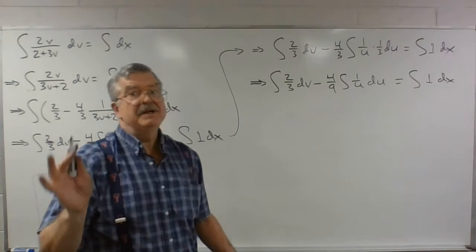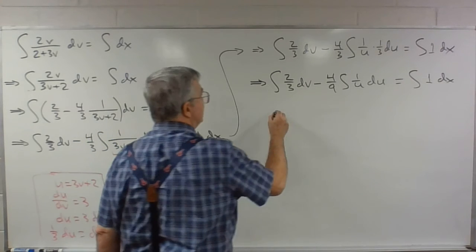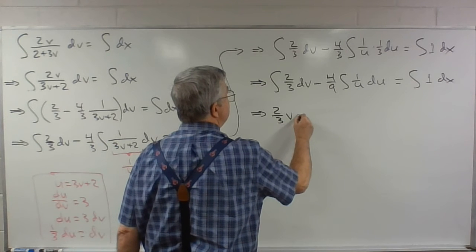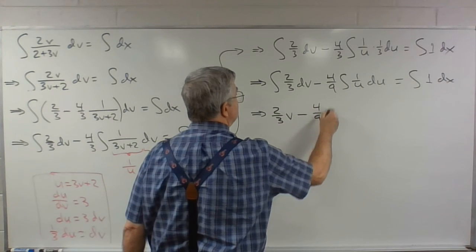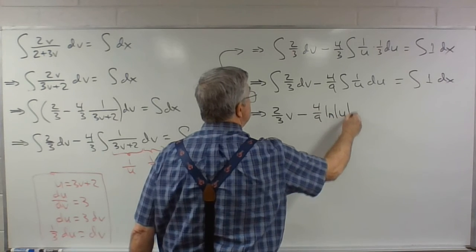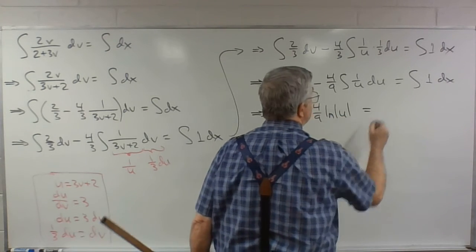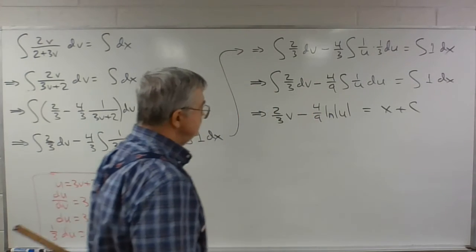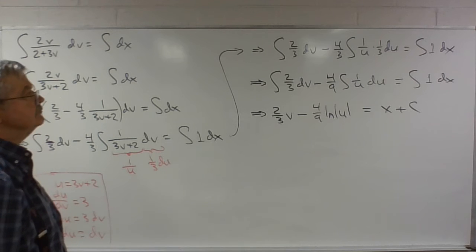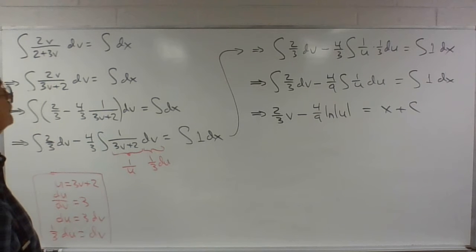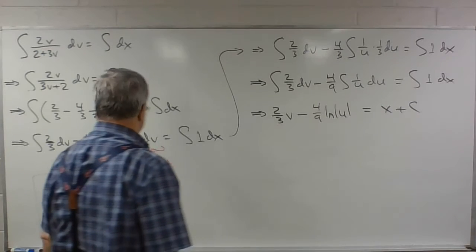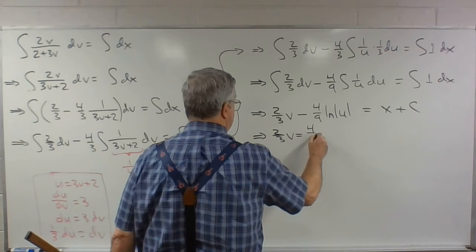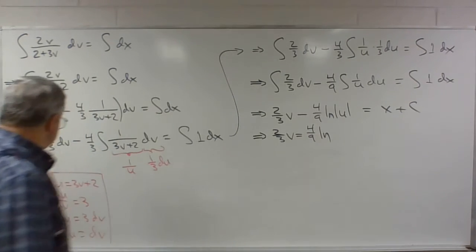Okay, this is it. We really can integrate now. We get 2/3 v minus 4/9 natural log of u equals x plus some constant. Now, what was u?